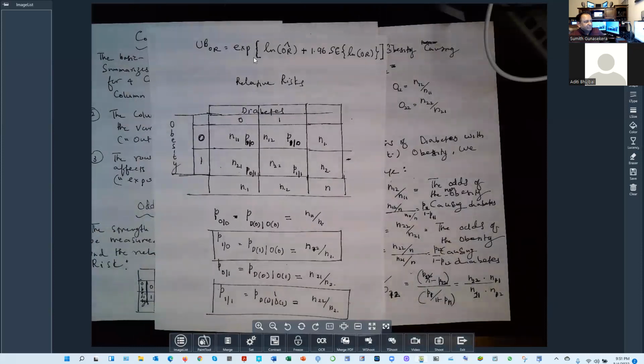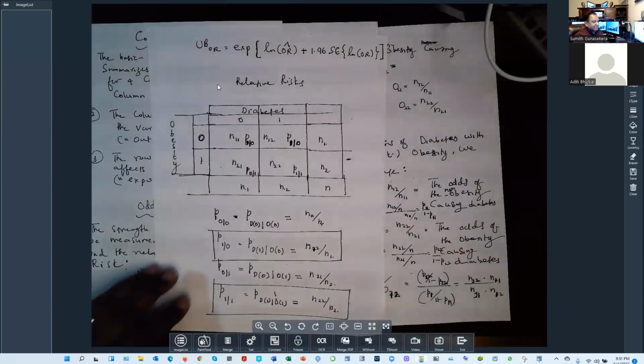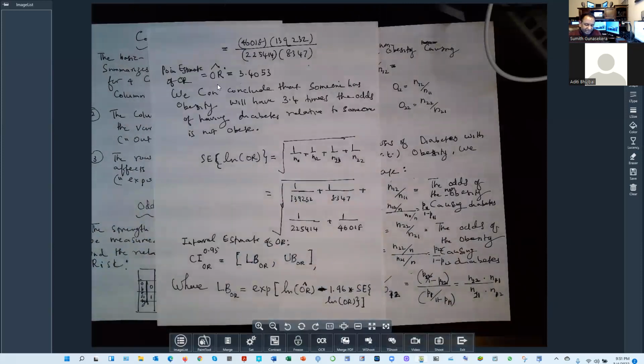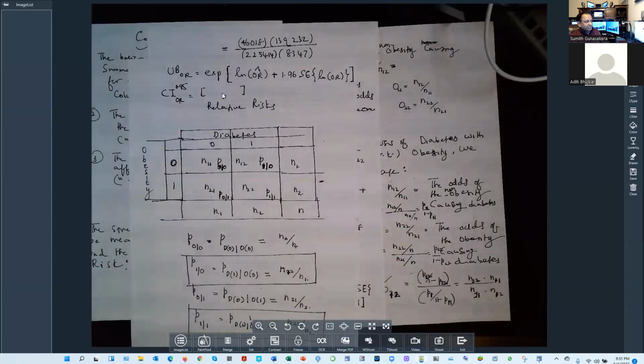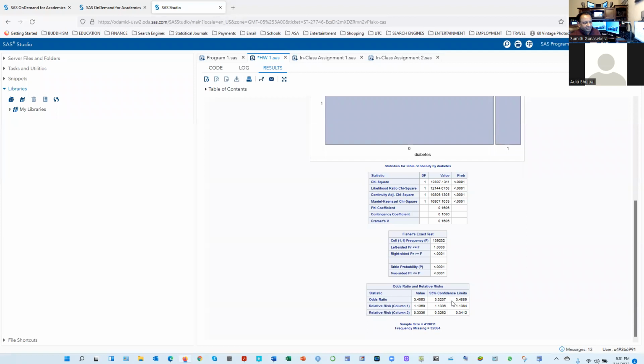Then write the 0.95 confidence interval for OR, given by those two numbers. You should get numbers very close to those that appear in this result: 3.3237 and 3.4889.